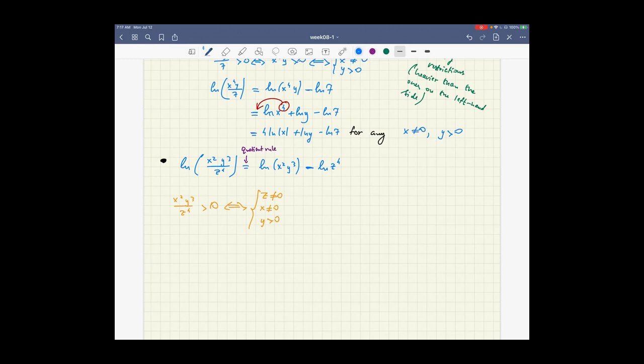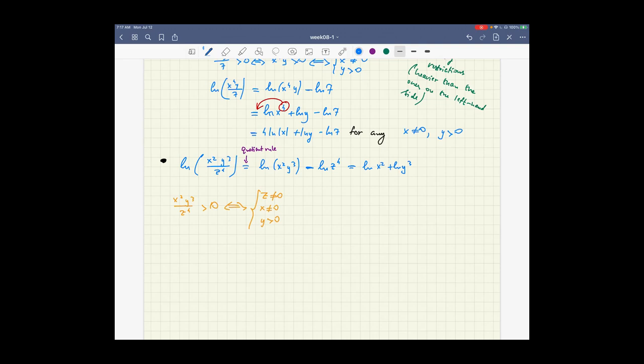Now, I mean to apply the product rule here and the power rule here. So I will have ln x squared plus ln y cubed. That is permissible because y is positive and so y cubed is positive, and x is non-zero and so x squared is non-zero.